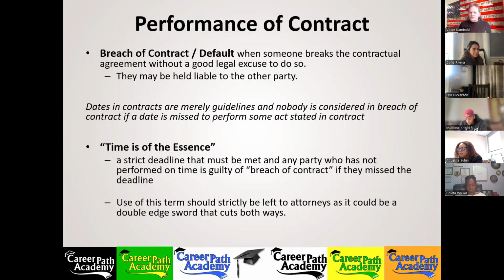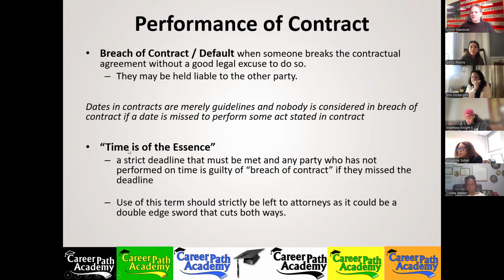It's a time of the essence order for them to produce the mortgage commitment letter within so many days. And if they don't do that, the contract's automatically going to be killed. And then we can put the property back on the market without worries of being in breach of contract, because it's the other side that was in breach, because they were supposed to do it by the deadline of the time of the essence order. Because this is a strict timeline that must be met.